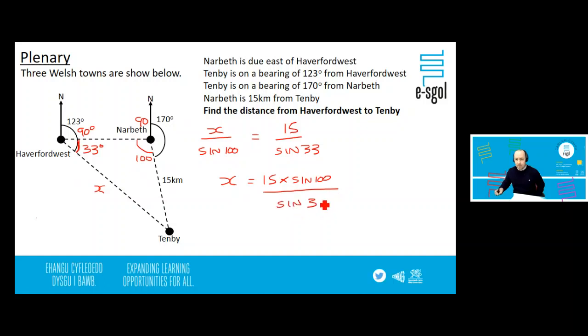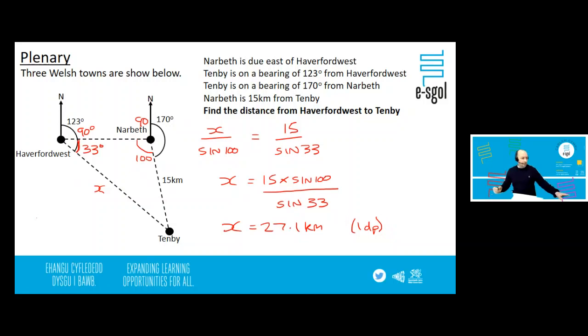Remember, it's a side we're finding, so no need to press shift on our calculator. It's simply 15 multiplied by the sine of 100, and then when we get our answer, we divide that by the sine of 33, and we should get an answer of 27.1. The units are kilometers, and again I've rounded that answer to one decimal place.